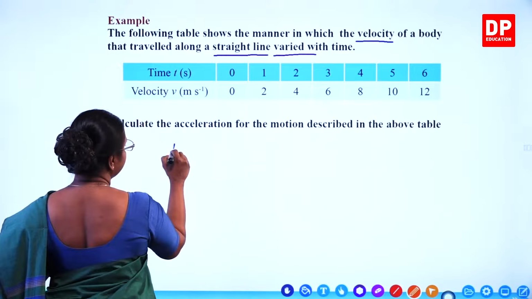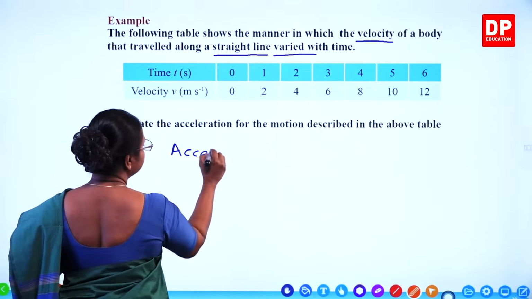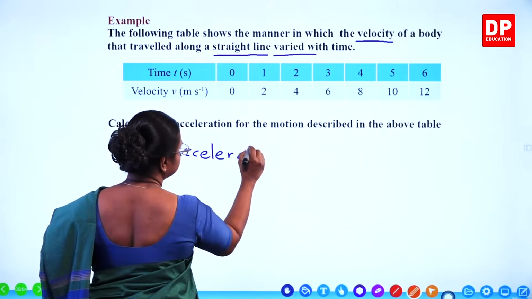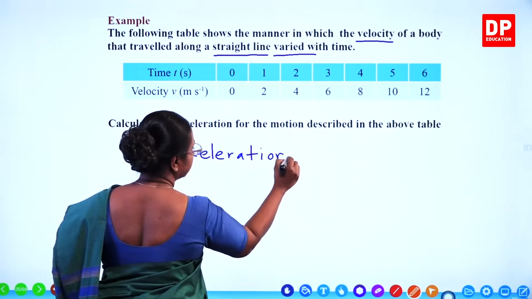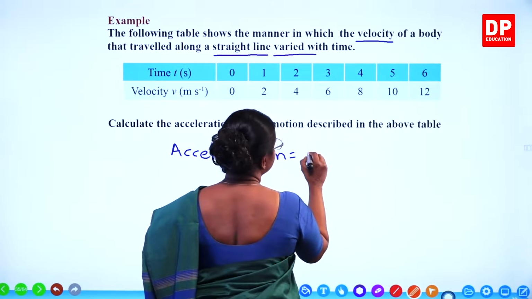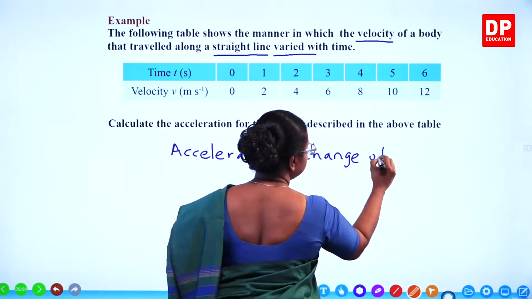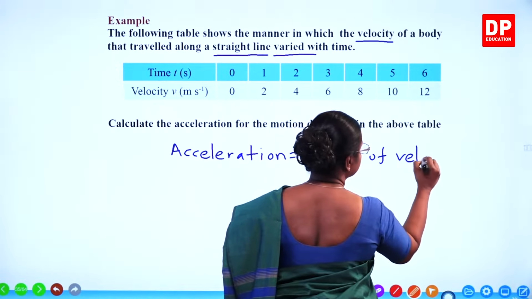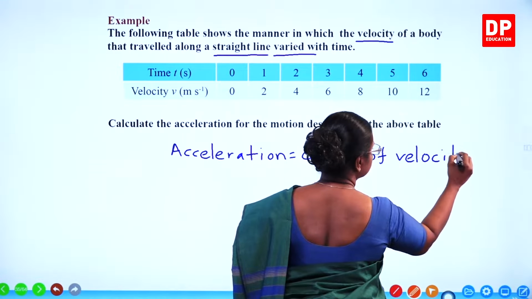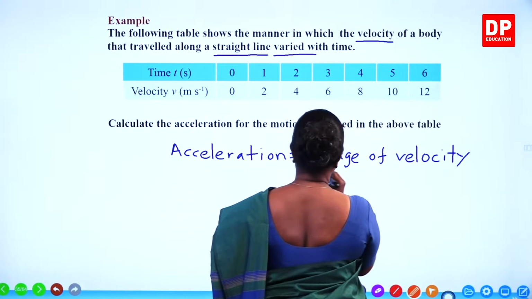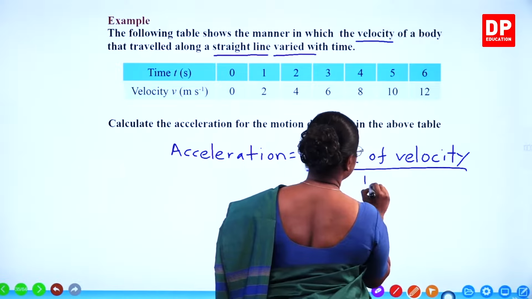So as I said, acceleration is change of velocity divided by time.